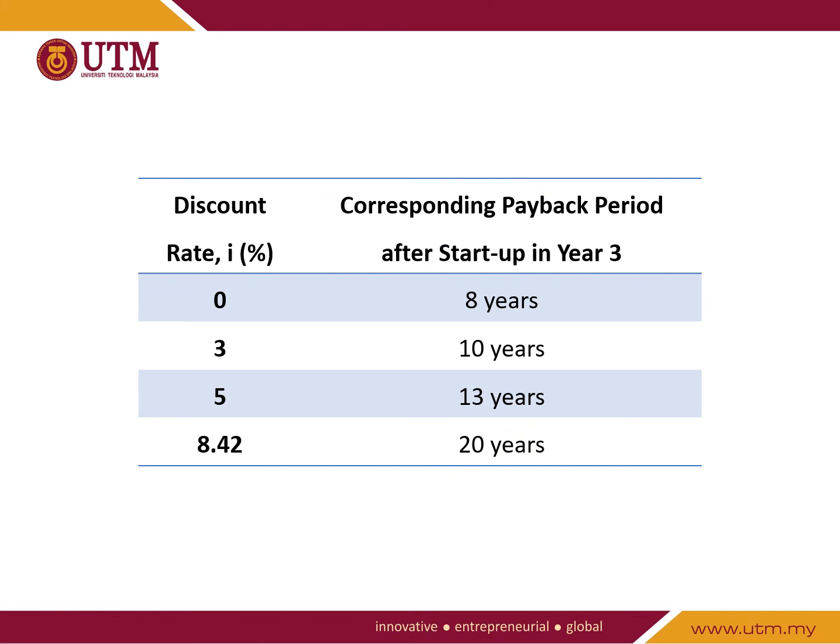And this is the corresponding payback period after startup in year 3. So we have 8 years if the discount rate is 0, 10 years if it's 3%, 13 years if the percentage is 5%, and lastly 20 years if the percentage is 8.42%.